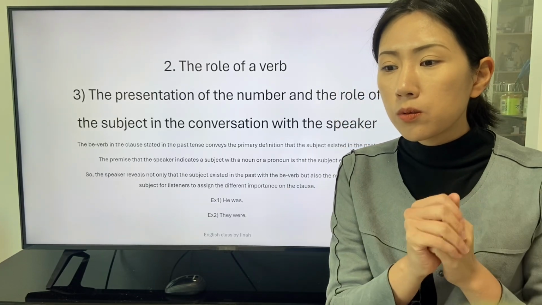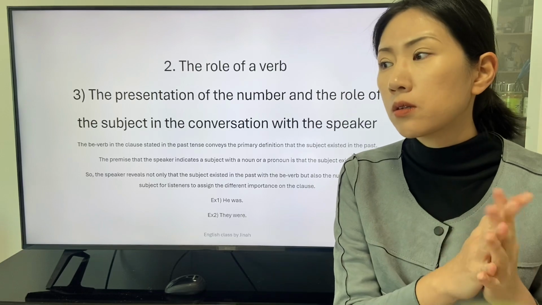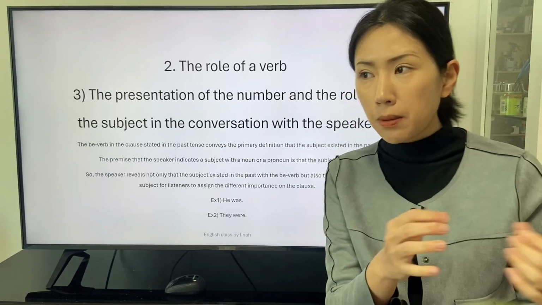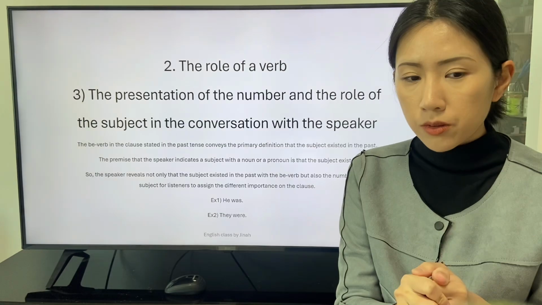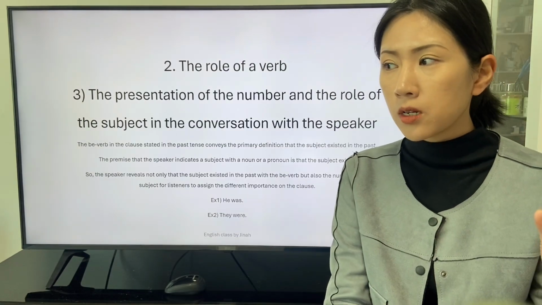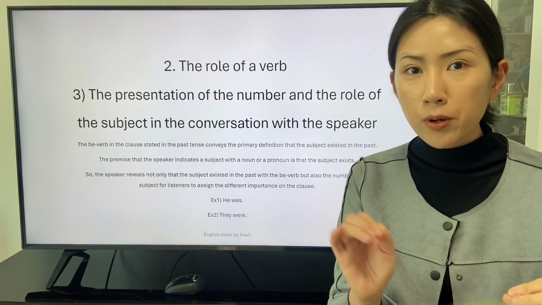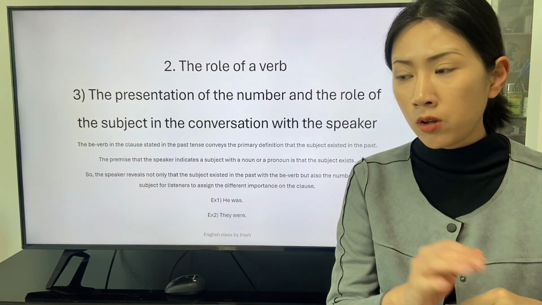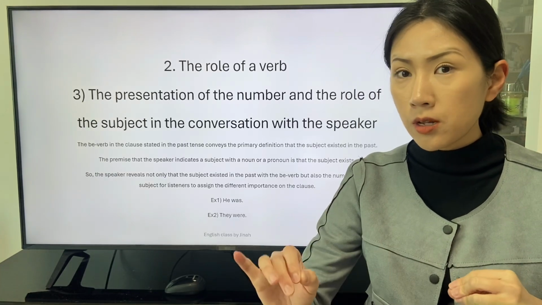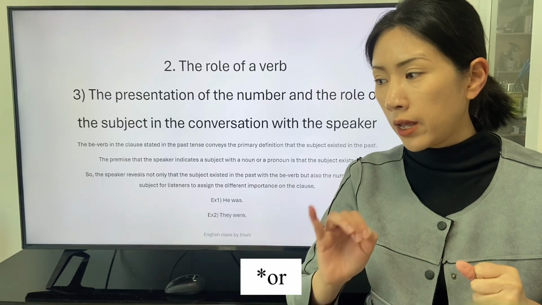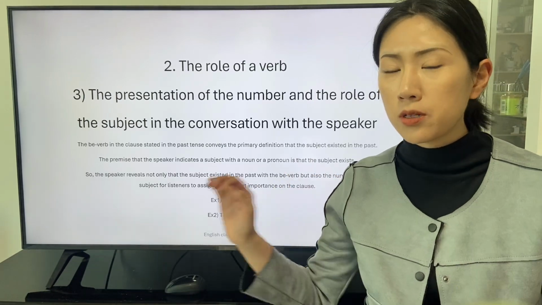But with the description by the be-verb, the listeners can assign the proper importance on the singular subject, the plural subject.